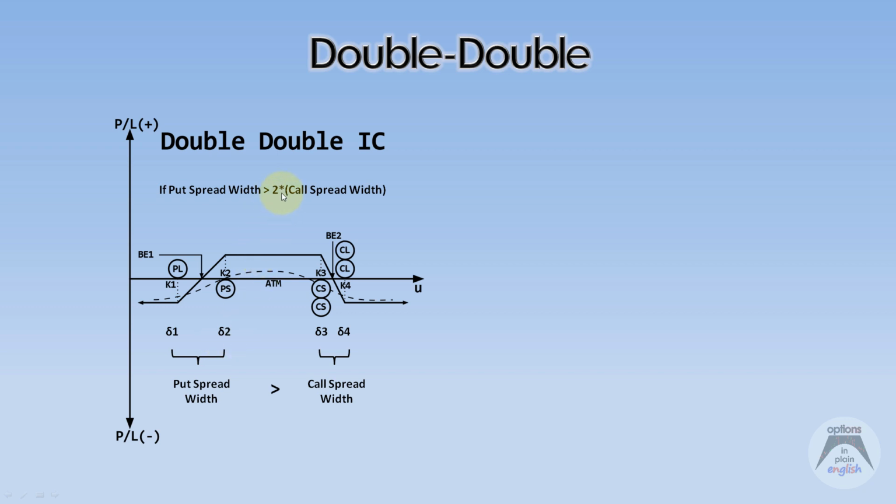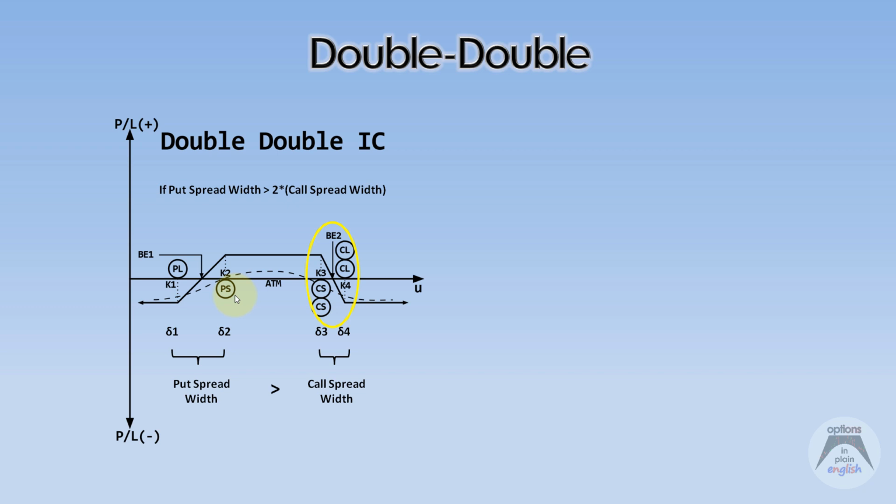Then if it's greater than 2 times, you can add an additional short call spread to the call side, and it's not going to affect your buying power reduction, because this multiplied by 2 is still going to be less than or equal to the width of this put spread. So your buying power reduction stays the same.